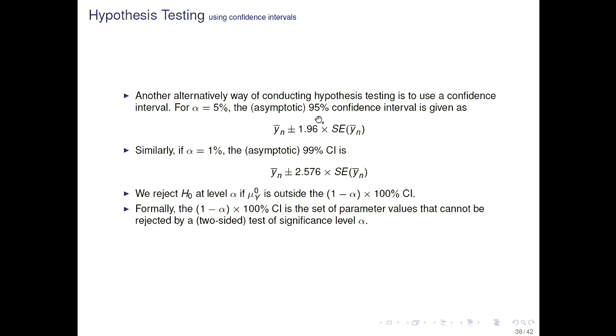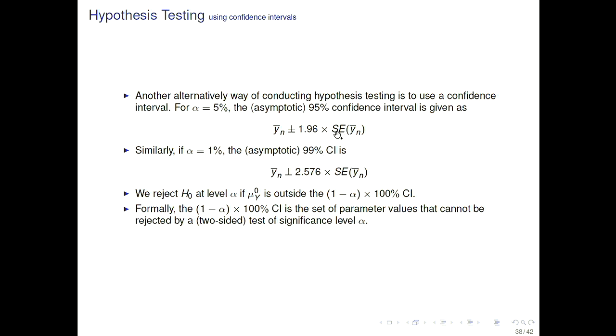You're smart, right? So whenever it is 5%, then you need to have a 100 minus the significance level percent confidence interval, right? So if you have 1% of significance level, then the confidence level for your hypothesis testing is a 99% confidence interval. Okay? And the formula is very simple.